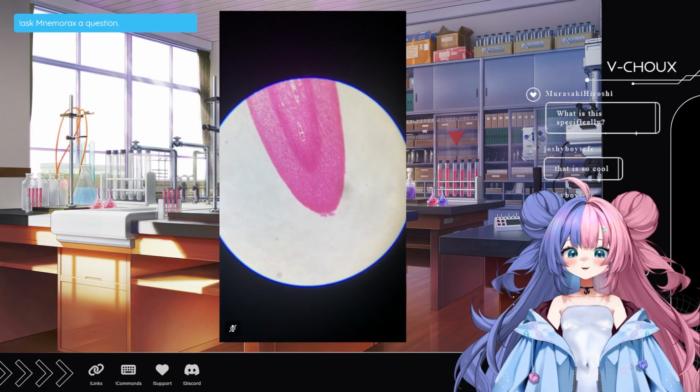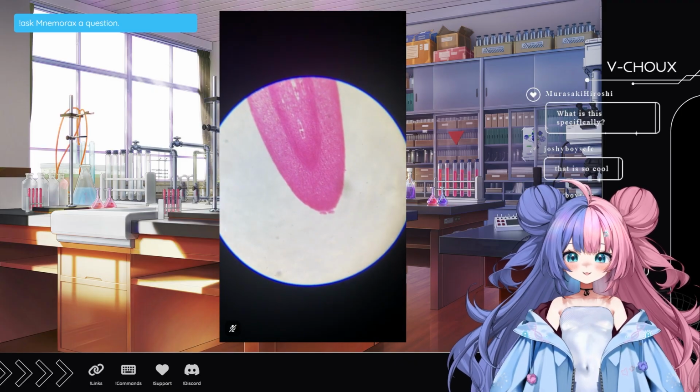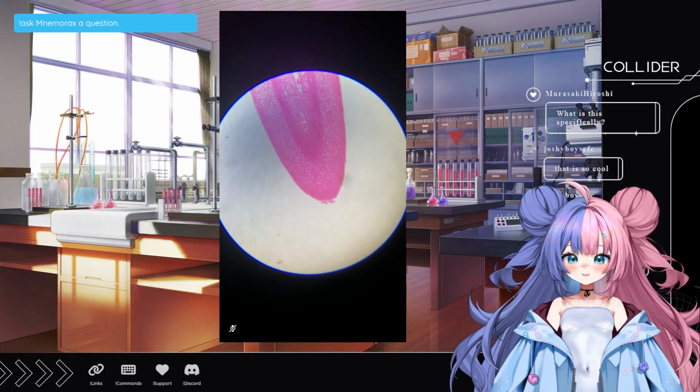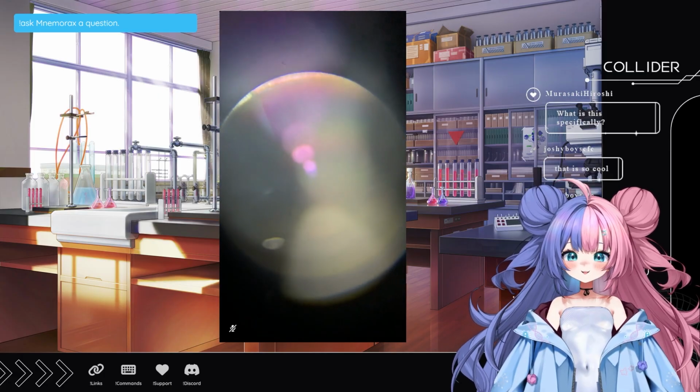I present you the root tip. This is specifically from a plant called maize, the one for the popcorn.